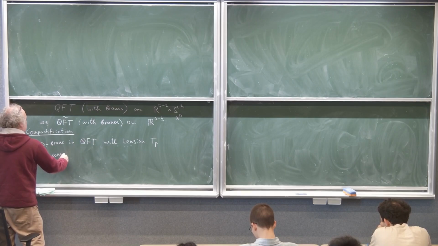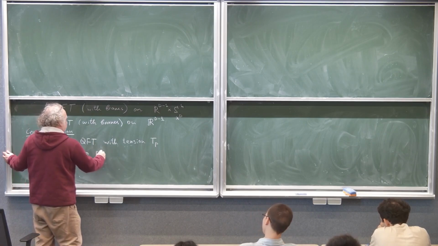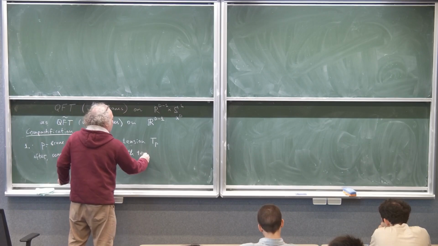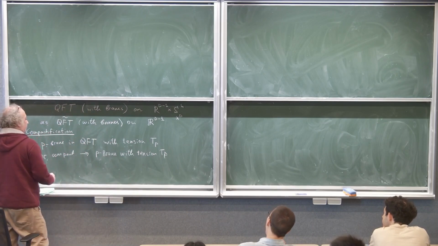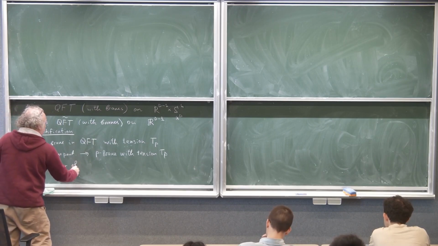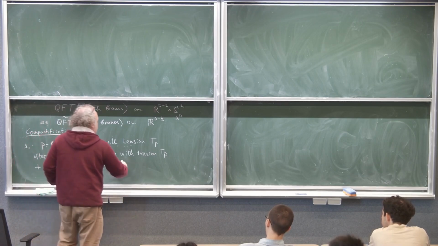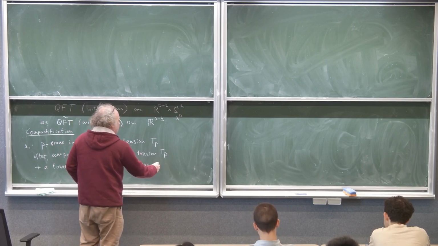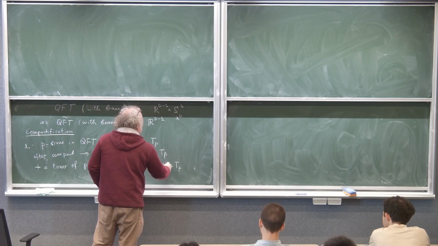After compactification, we get a p-brane with tension T_p plus a tower of (p-1)-branes with tensions, I call it rho, c_p k.